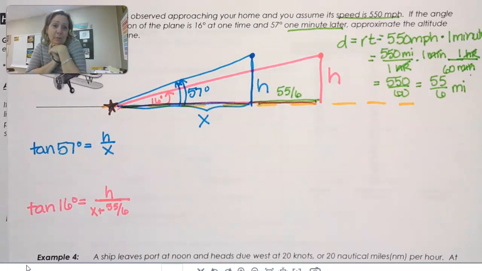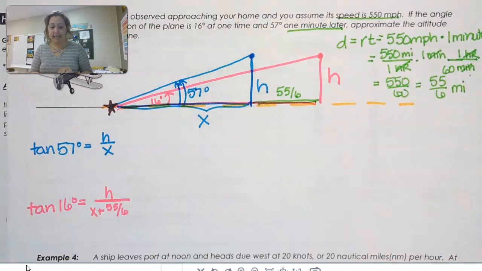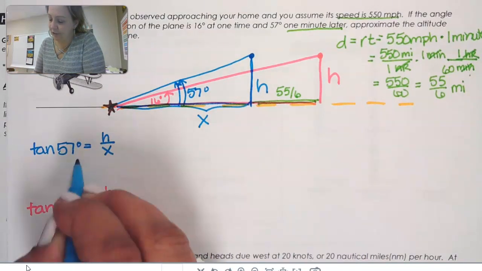Now, in the last problem we did, we were actually able to find some values, but we don't have that much information in the question. So we're going to have to use this system of equations. Now I noticed that again, h is the same. So let me isolate h in each of these.